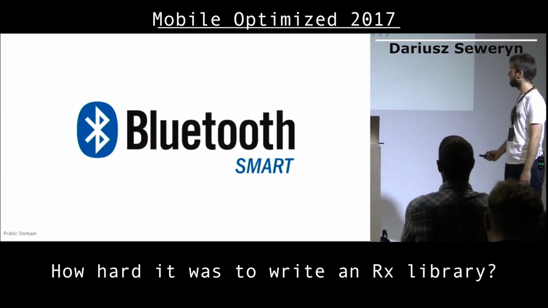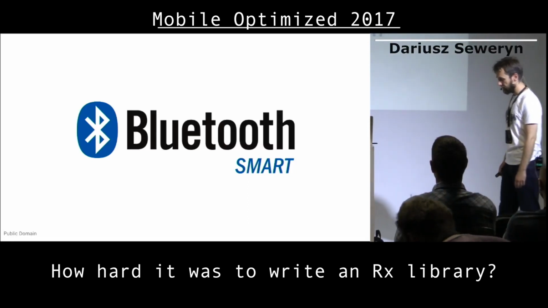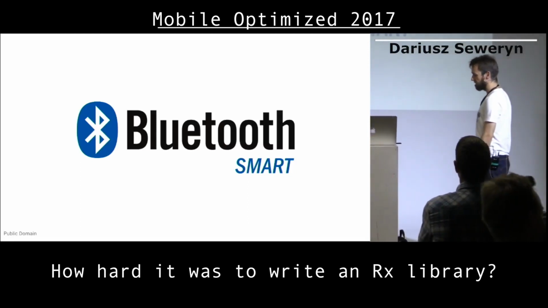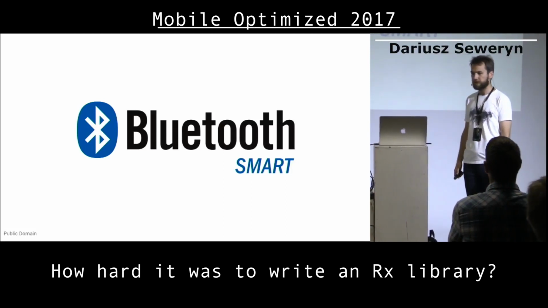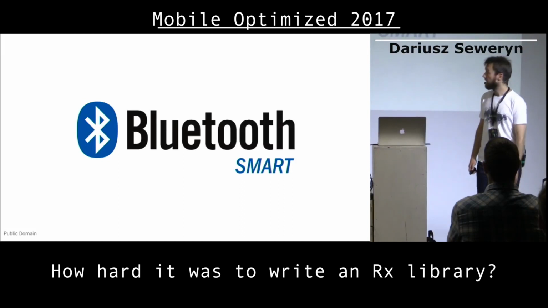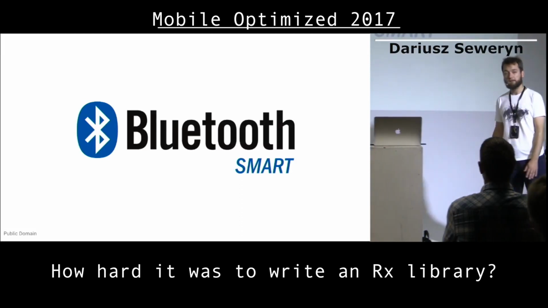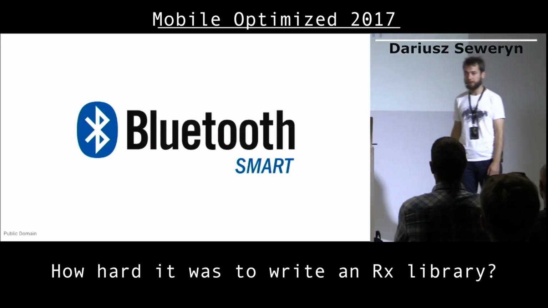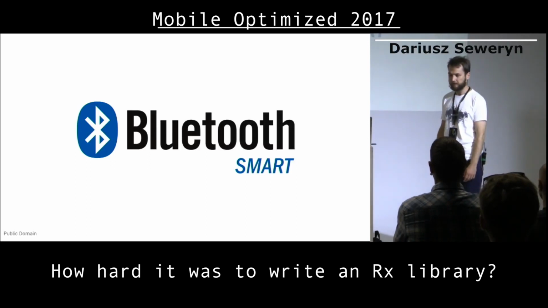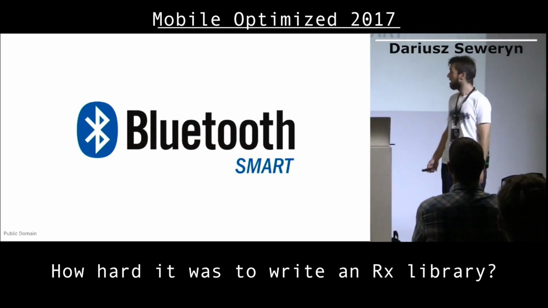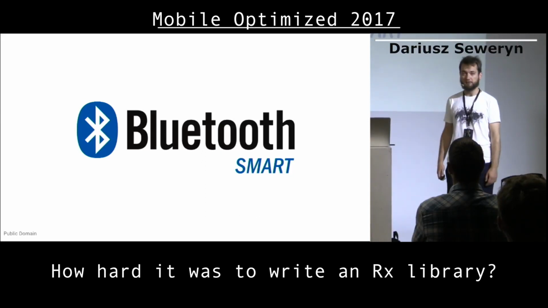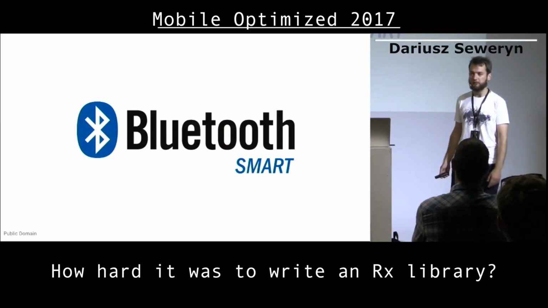All right, so to give you a bit of background of what I was doing the past 1.5 years. In 2010, the Bluetooth Special Interest Group incorporated a new standard into the specification of Bluetooth, namely Bluetooth Smart, or Bluetooth 4.0, Bluetooth Low Energy.